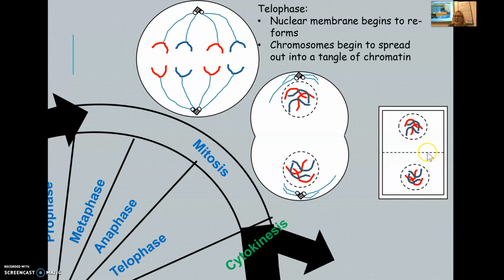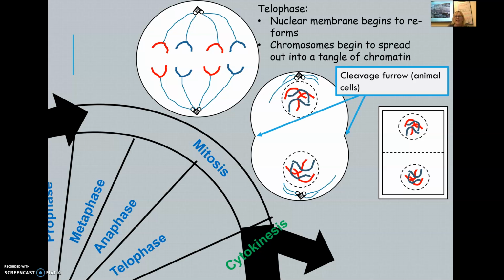So they start laying down a new cell wall, and that new cell wall is called a cell plate. On the animal cell, where it begins to pinch, that's called a cleavage furrow. And then here's the plant cell, and that begins to form a cell plate. This is a good place to pause if you need a little bit more time.